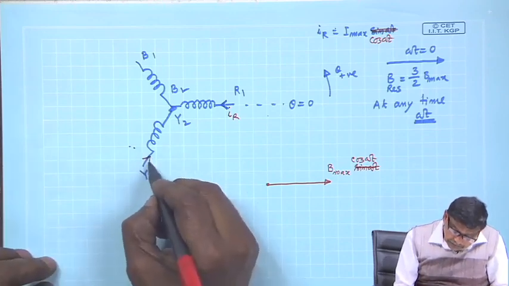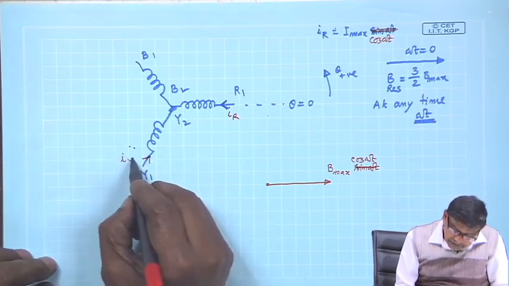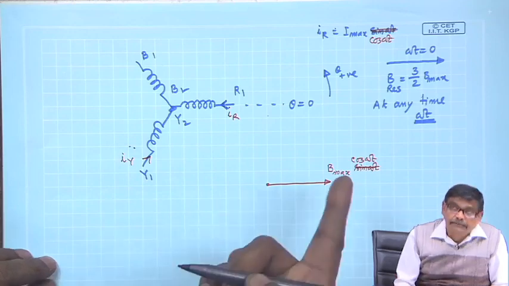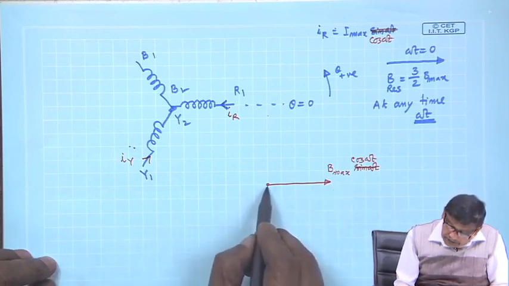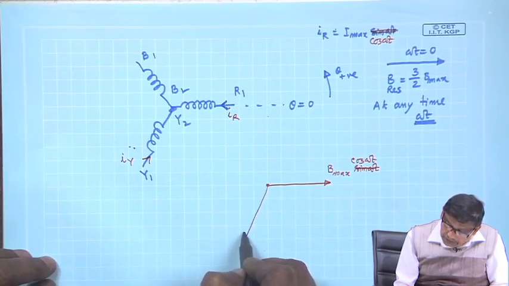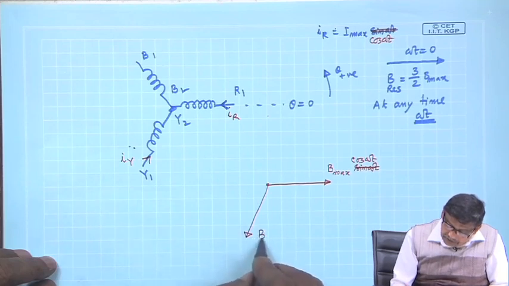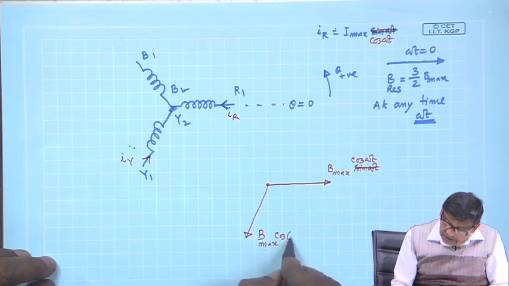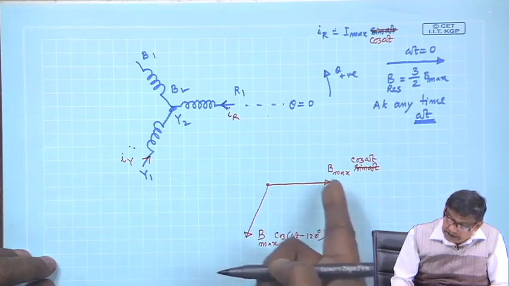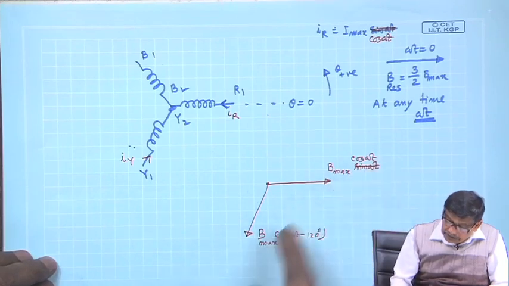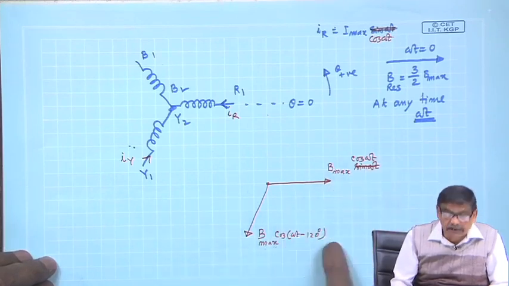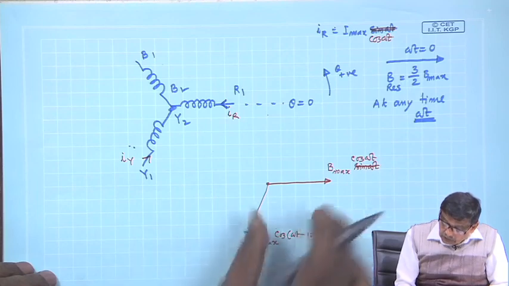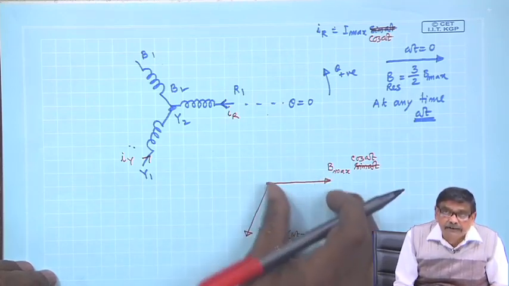What will be the field produced by the Y phase current at any time t omega? It will be 120 degrees apart, and this will be B max cosine omega t minus 120 degree, because at time omega t the R phase current is cosine omega t, and the Y phase current is cosine omega t minus 120. So, these lengths may differ.